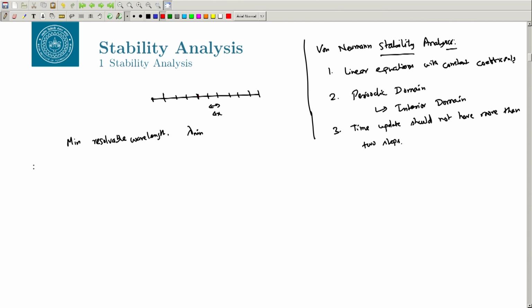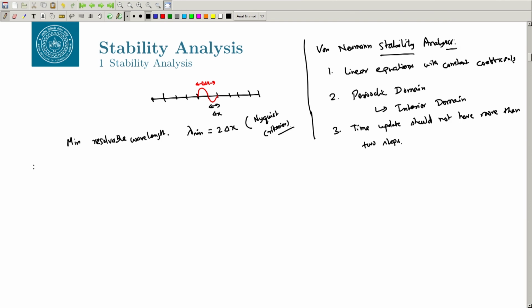If you want to resolve, let us say, a sine wave here, what you require is basically 2 delta x, right. So, that will be the minimum that you can resolve, 2 delta x. This is also called the Nyquist criterion, or Nyquist frequency. You can basically interchange the frequency and wavelength.